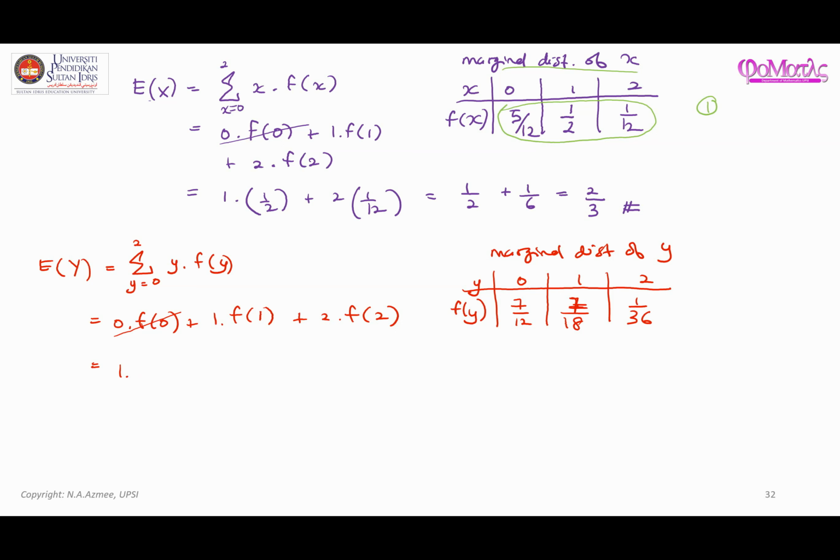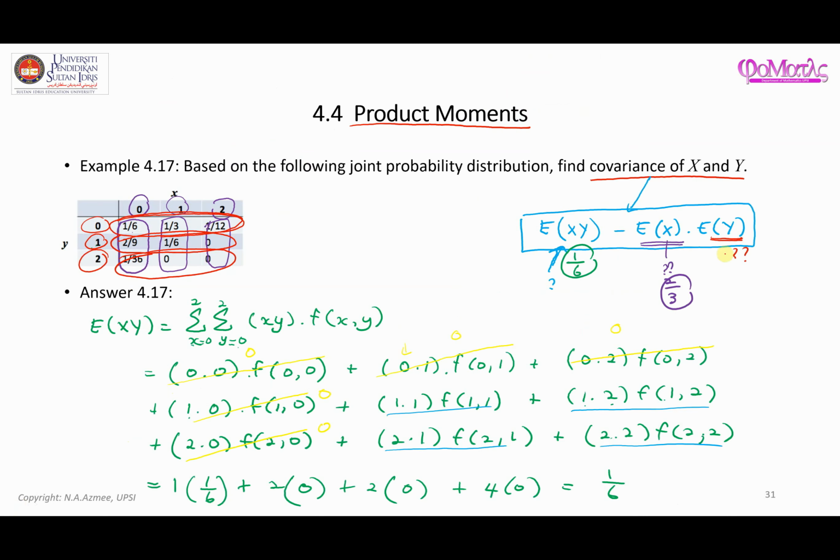So 1 times f(1) is 7 over 18 plus 2 times f(2), which is 1 over 36, and the result that we get here is going to be 4 over 9. So this is E[Y]. We will just use these values applied into this formula, and you will be able to find the covariance of XY.